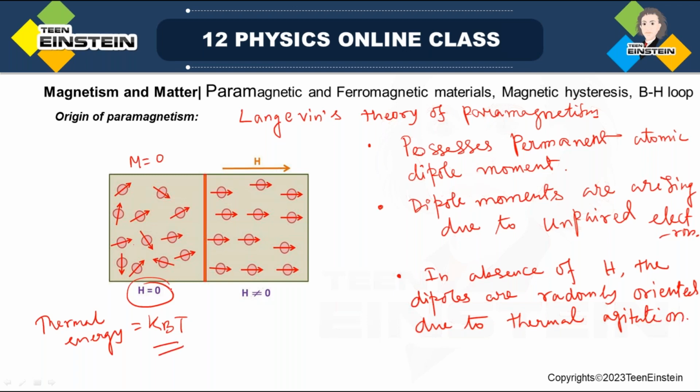This is some kind of energy which agitates these dipoles not to stay in a single direction or single configuration. Its configuration changes continuously. So this ceaseless random orientation of these permanent dipoles results in zero magnetization in absence of applied field.